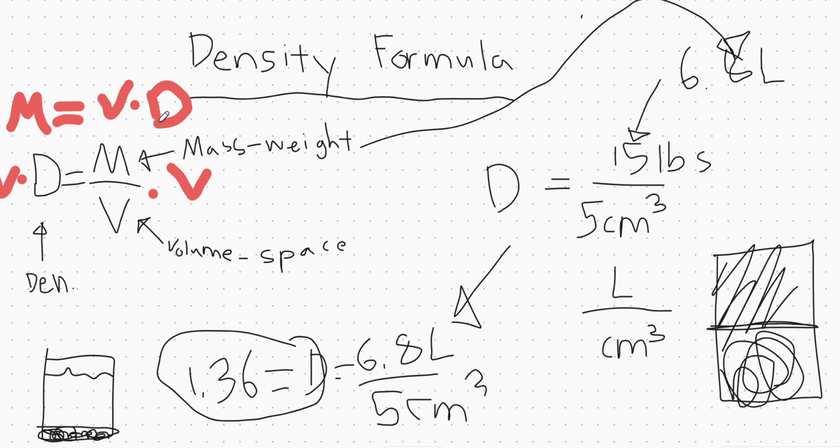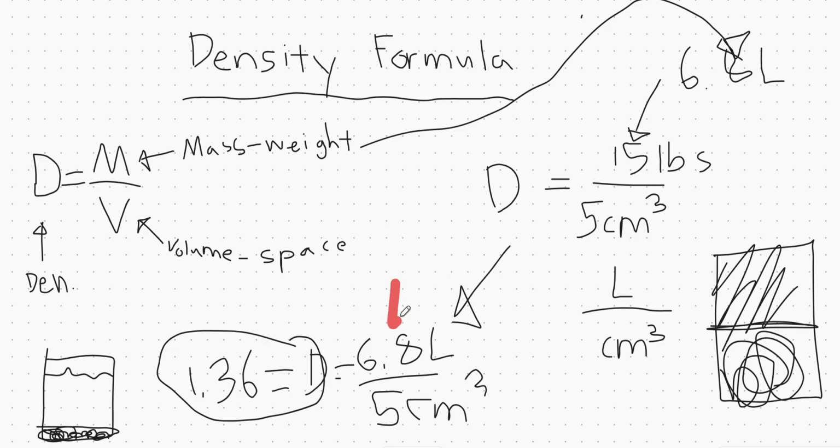If we quickly do this, just to show you how this can be referenced, say we wanted to find the mass. For our problem, let's say we don't know our mass, but we know our mass is 6.8 in this case.